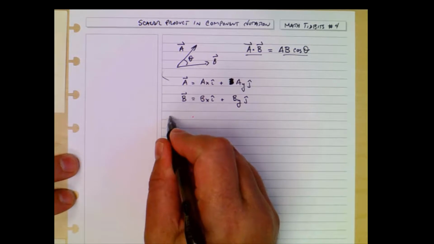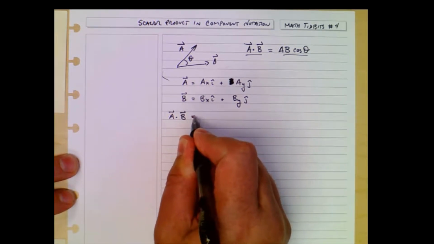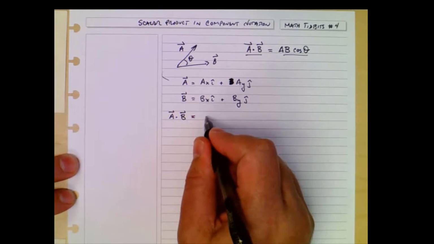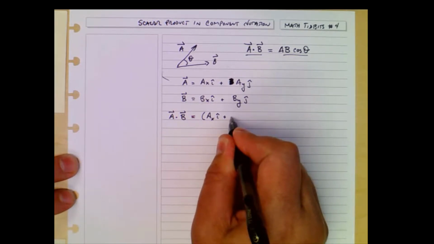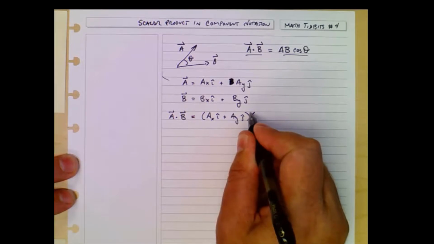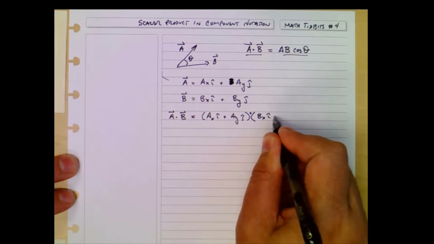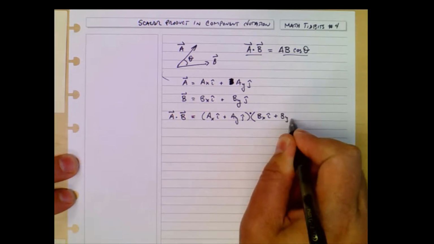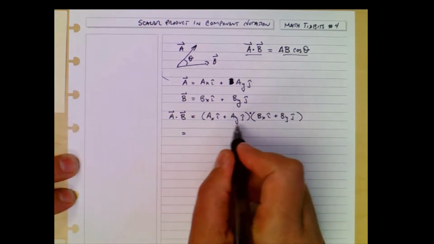That is, if I want to take A dot B, I will write it as A sub x i hat plus A sub y j hat dot B sub x i hat plus B sub y j hat. And now let's work out all of the four products here.